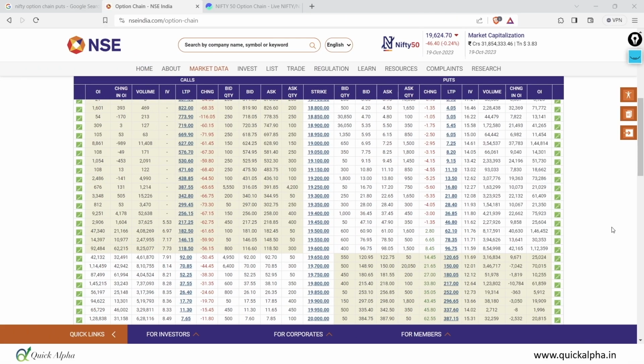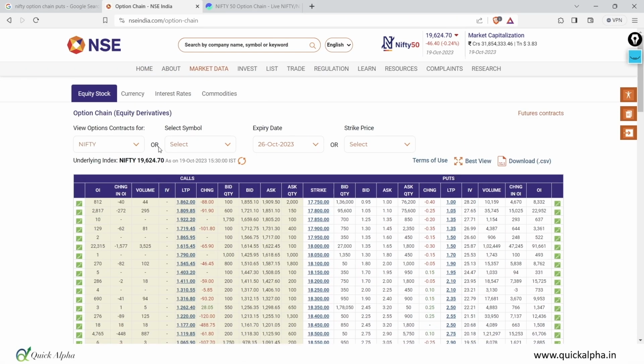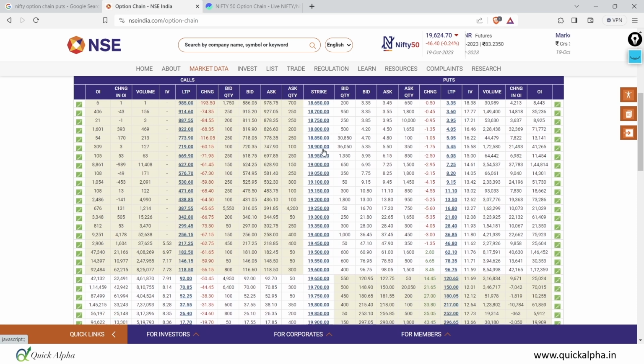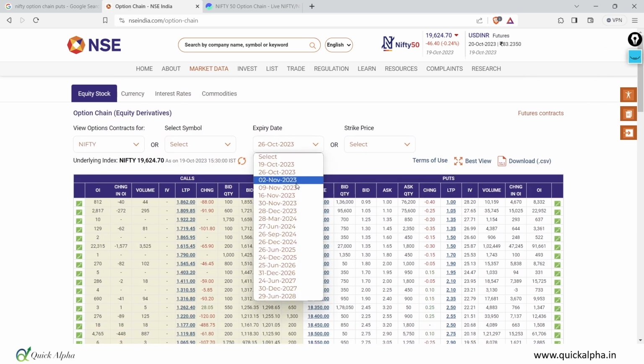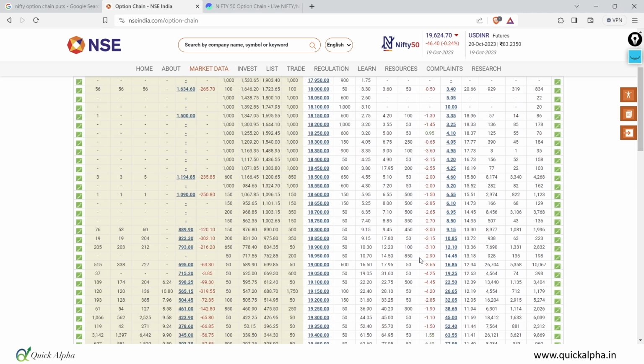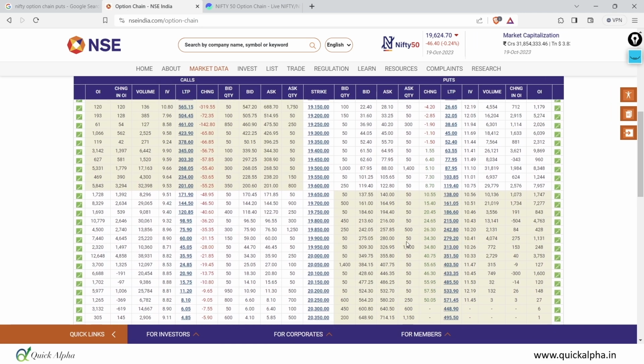So now, let us again look at the option chain. You can see this particular expiry date is going to come on 26th of October, which is 7 days more, and the option premium for 19,500 is 62 rupees, so around 60 rupees. I'm going to change from 26th to 14 days expiry, and you can see the option premium of 19,500 is trading at 88 rupees.